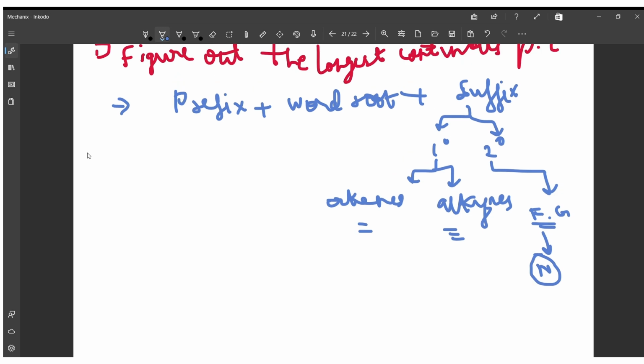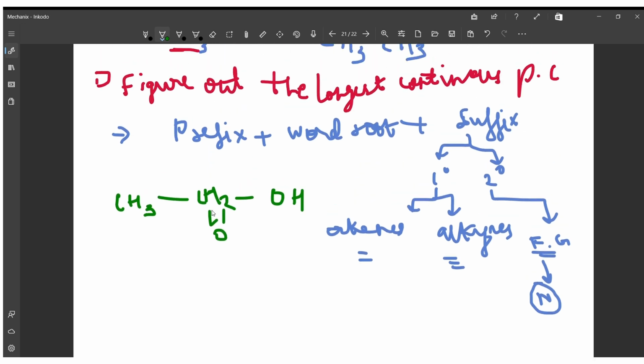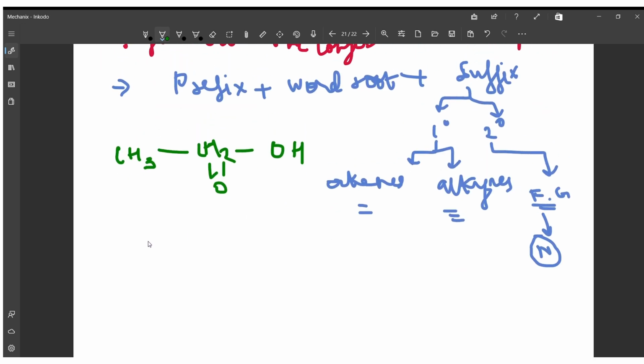So let us suppose we have the compound CH3, CH2, double bond, OH. What this actually states is we can also write this in the form of vector instructions.